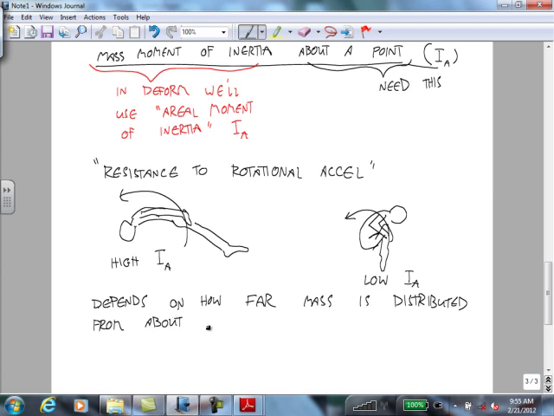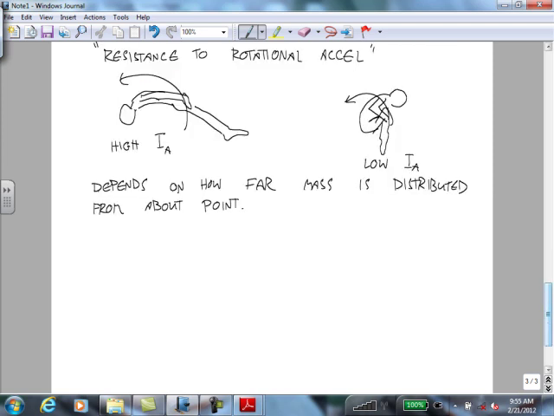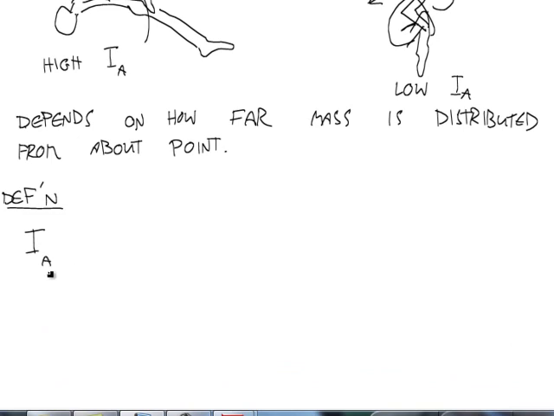The definition is an integral definition. The moment of inertia about A is equal to the integral of r squared times an increment in mass, where r is the distance of that increment in mass from the axis of rotation.